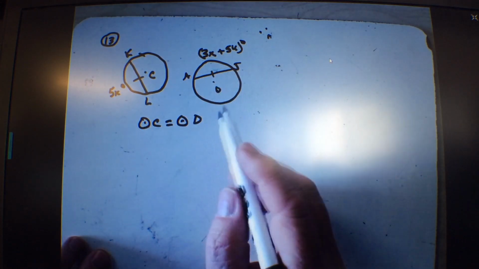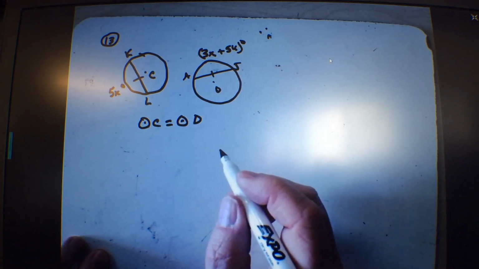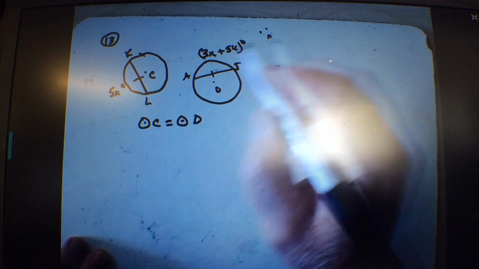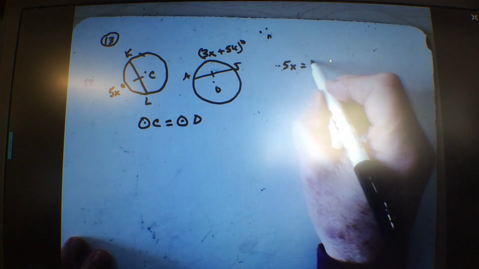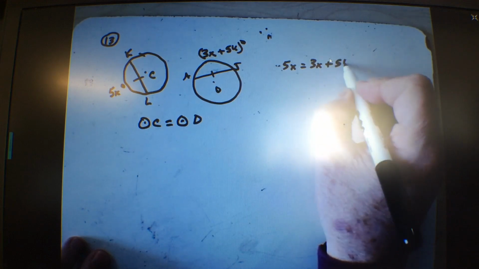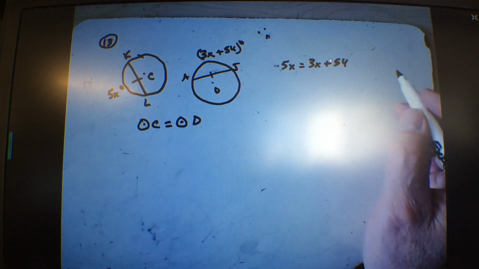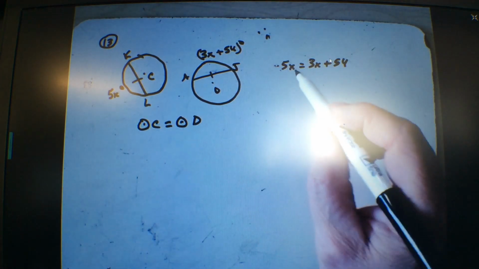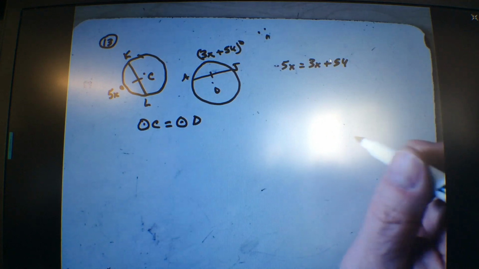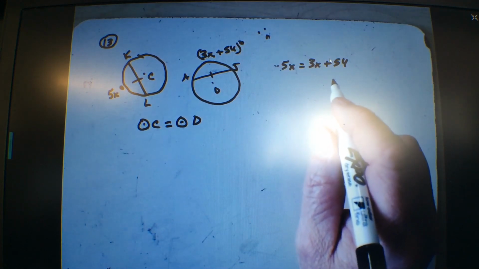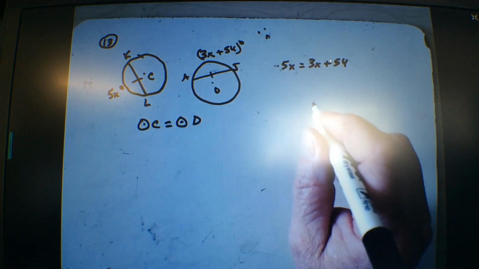And the directions say find the value of x. So we know since the chords are congruent, the arcs are congruent. So 5x equals 3x plus 54. And you could solve that on your own, but you would subtract 3x. And remember that we're talking about x, label it as degrees just for safekeeping. You understand that?